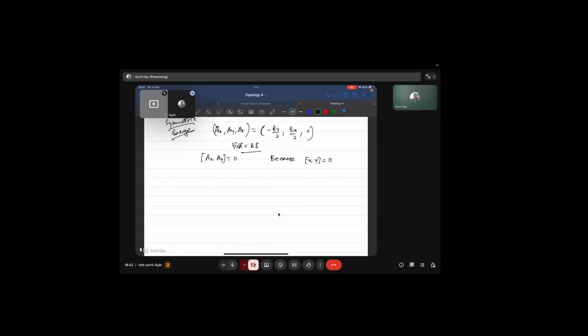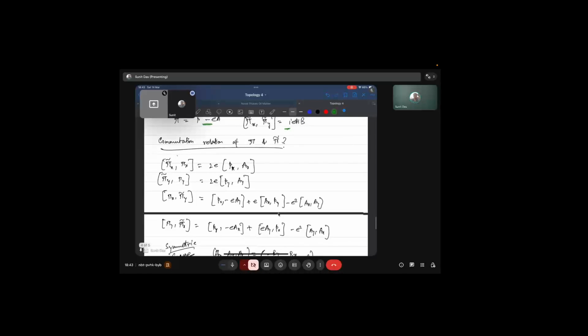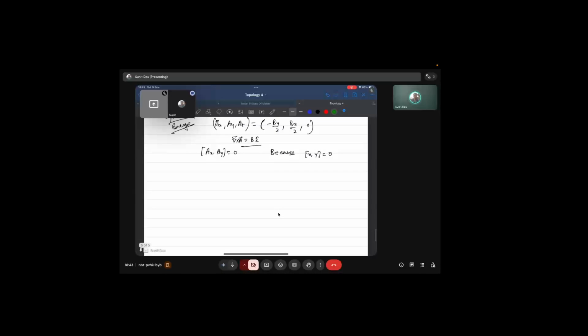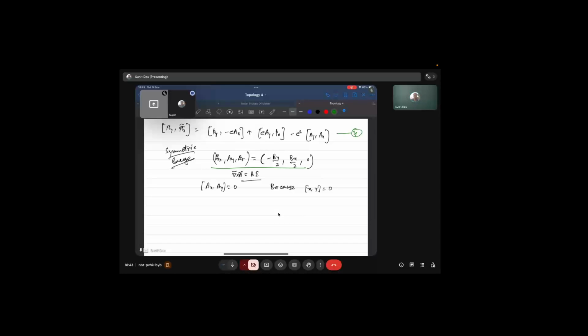Let me number this as equation one. If you have this form of symmetric gauge, then what you can find is that the commutators in equations 3 and 4, pi x with pi y tilde, will be 0.